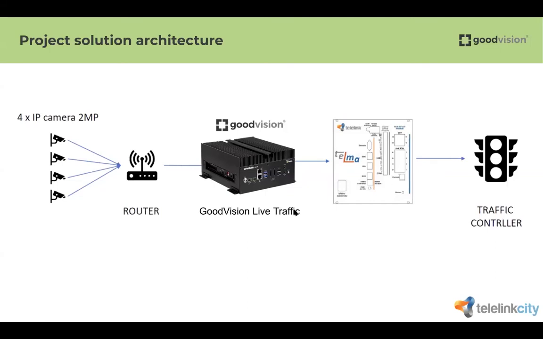This is a picture of the project solution architecture. You can see that we have the IP cameras that are connected by a router to the device that runs the GoodVision Live Traffic. Then the results from the GoodVision Live Traffic are sent to the Telelink device Telma.